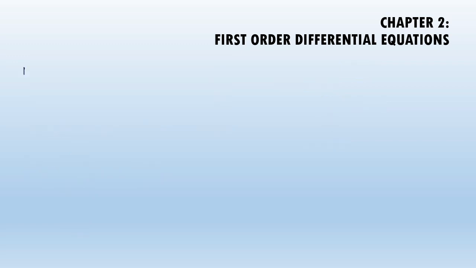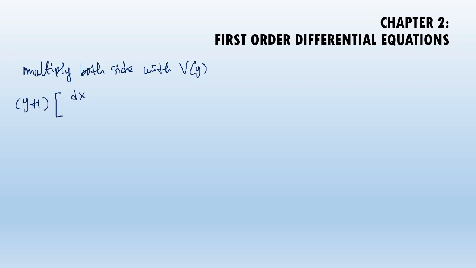Okay, next we multiply both sides with the integrating factor v of y. So we have y plus 1 times dx dy plus 1 over y plus 1 x, and the same goes on the right side, y plus 1 times 2y minus 1 over y plus 1.